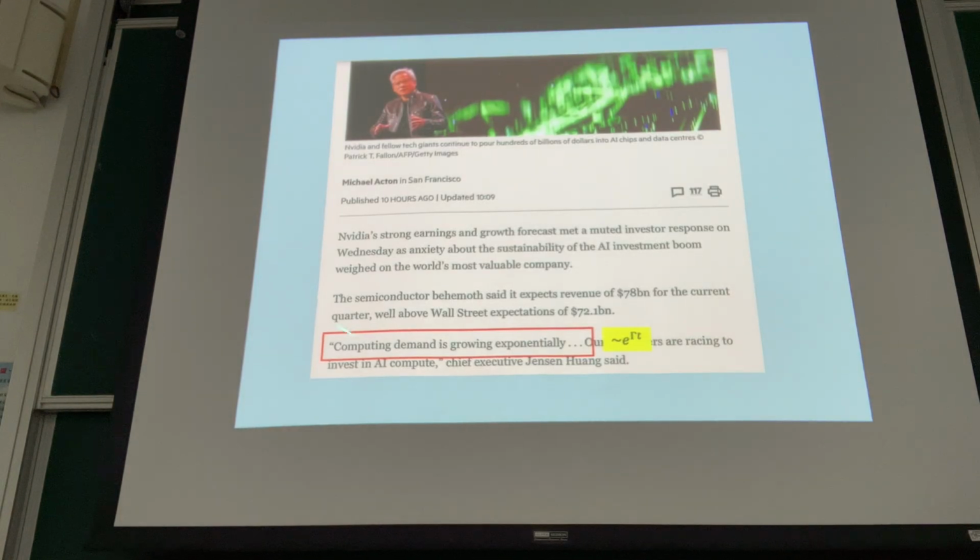Another example is financial. A couple of days ago when Jensen announced in his press conference that NVIDIA's revenue increased very, very fast. How to describe a really, really fast increase? He said, computing demand is growing exponentially. Remember this word.